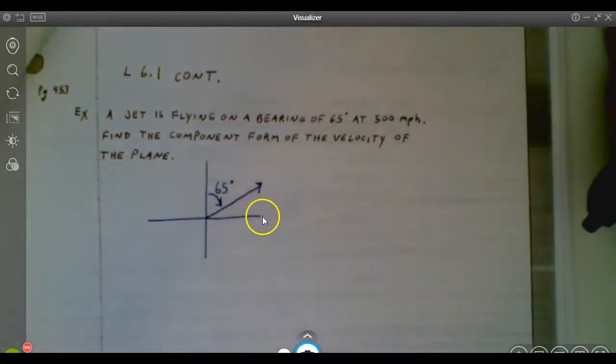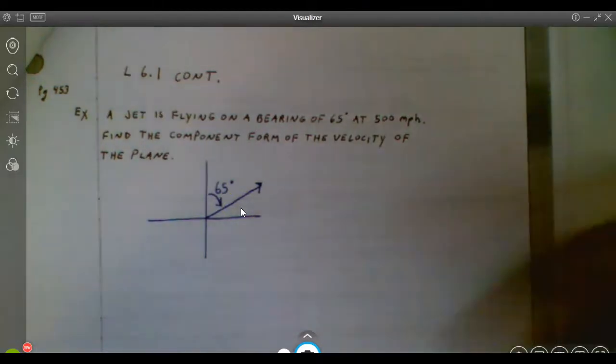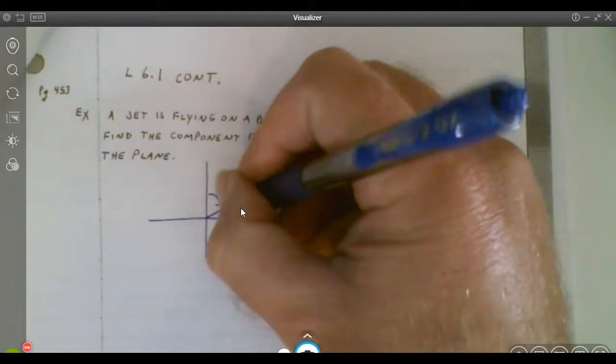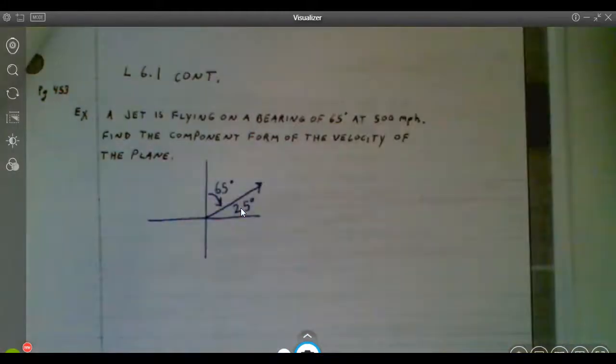They're measured from 0. So this is really the angle of the vector that we want to look at. Well, if this is 65, what does that make this angle? So this guy is going to have to be my 25 degrees. And so now I know the direction of it is my 25 degrees.